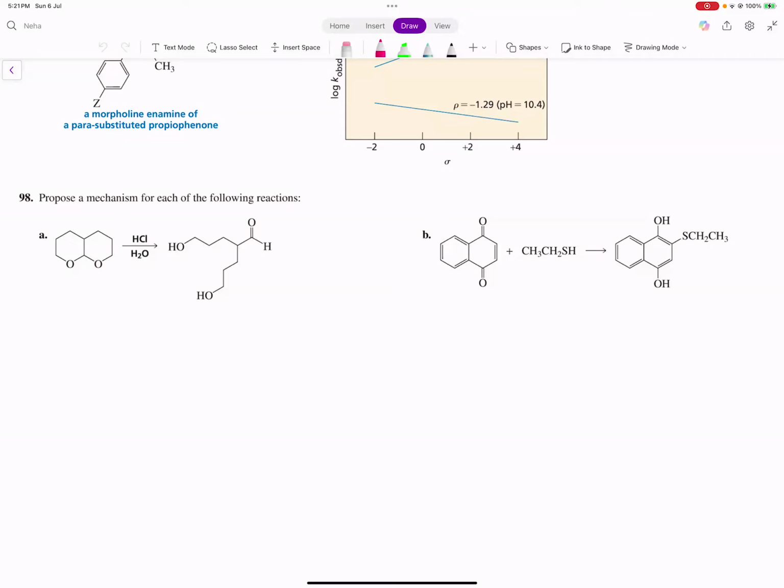Yes. After this we'll do alpha carbon. Okay. So here in the B part, I'll tautomerize it in the very last step only, right?